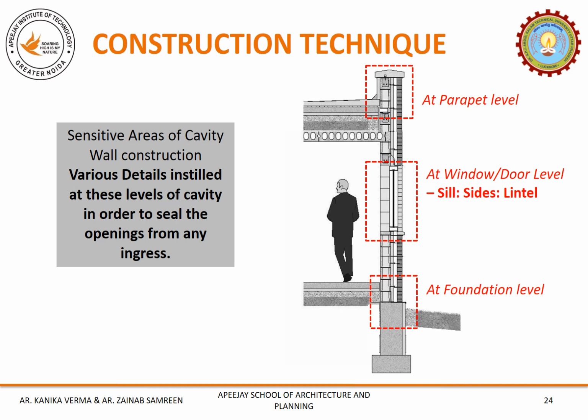More specifically, details are required at foundation level, at window or door or any opening level, and at last where the cavity ends, that is the parapet level, where special construction details are required in order to stop any external intrusion in the cavity construction.